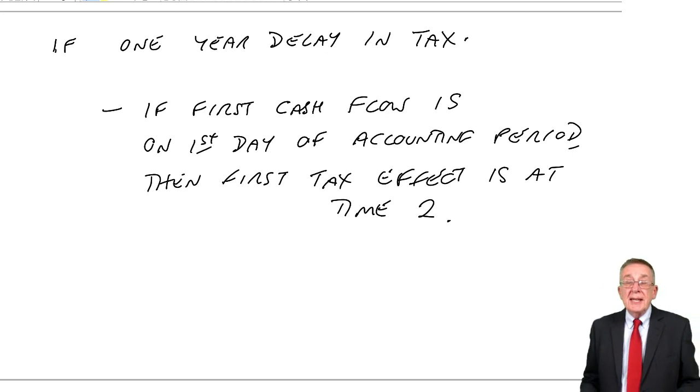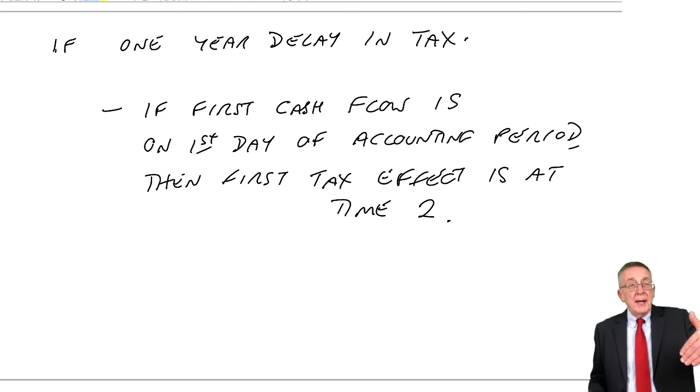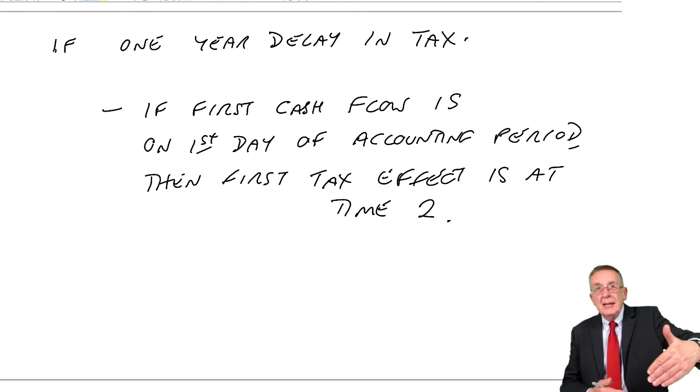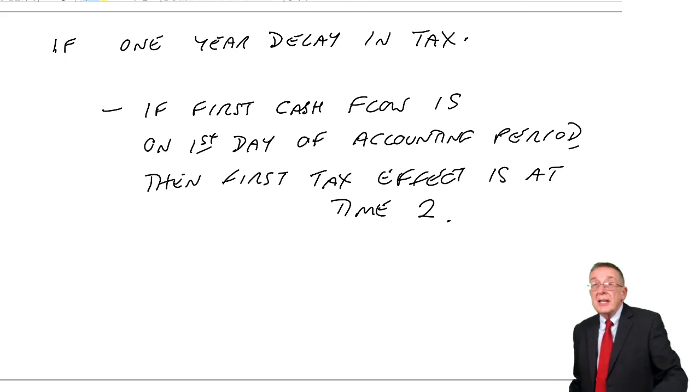That was the situation of leasing. The flow is at the start of the period, the tax calculation is at the end of the period, which is a year later. The tax effect, a 1-year delay, another year later, time 2.